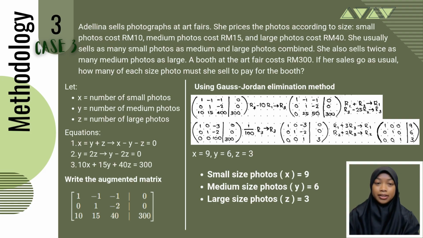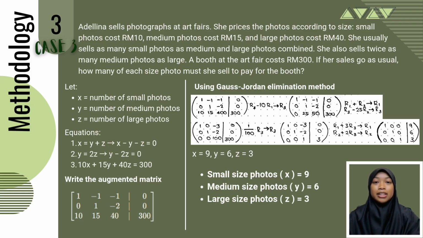We let X equal the number of small photos, Y equal the number of medium photos, and Z equal the number of large photos. Then we put the statements in equations. The first equation is X minus Y minus Z equals 0, then Y minus 2Z equals 0, and the last equation is 10x plus 15y plus 40z equals 300. Then we write the equations in an augmented matrix.